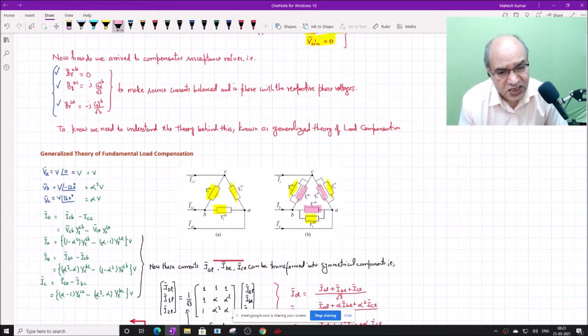Okay, so each load is shunted with the respective compensator susceptances, so that we will get the currents IA, IB, IC balanced irrespective of the values of YLAB, YLBC or YLCA.